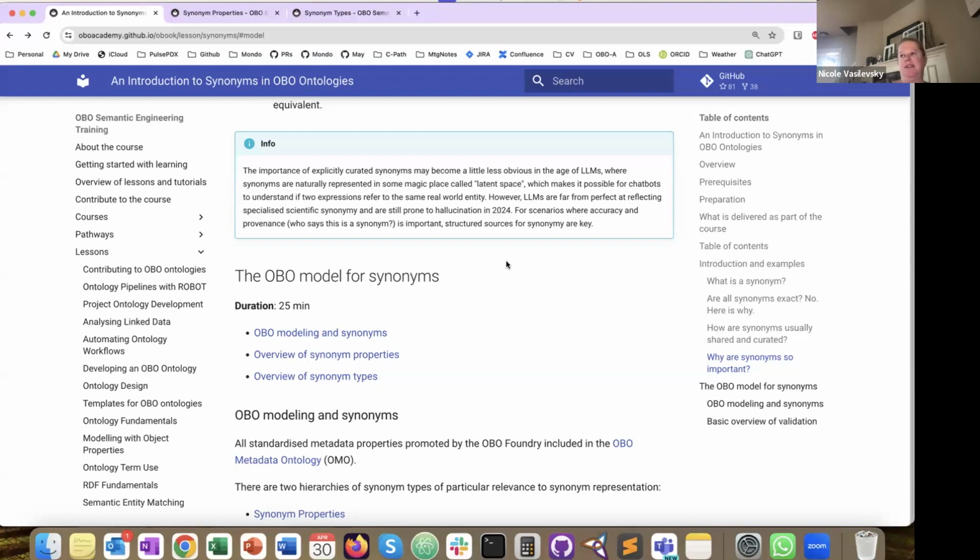And they're still prone to hallucinations as of the time of writing this tutorial. So in scenarios where accuracy and provenance are important, having these structured sources of synonyms is really key. And the work that we do to build our ontologies and provide proper synonyms is very important.